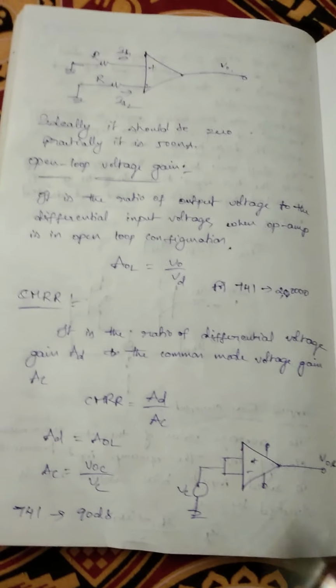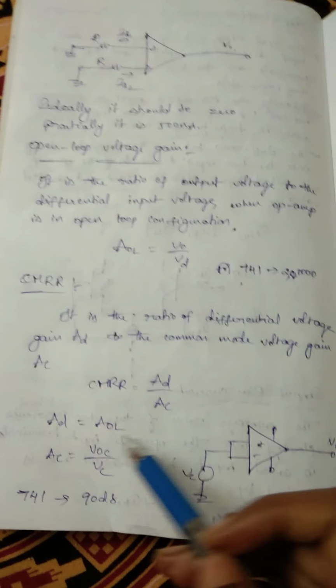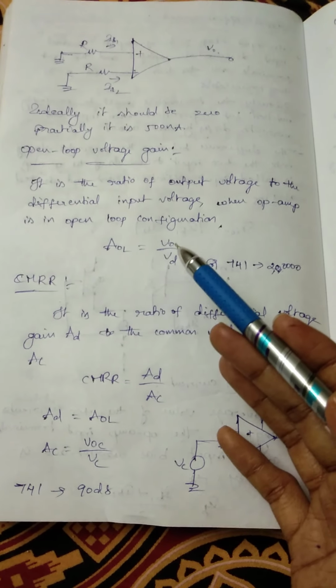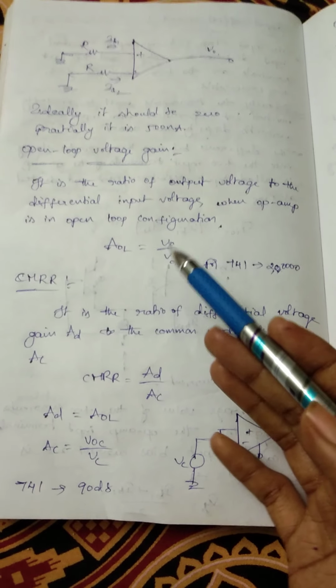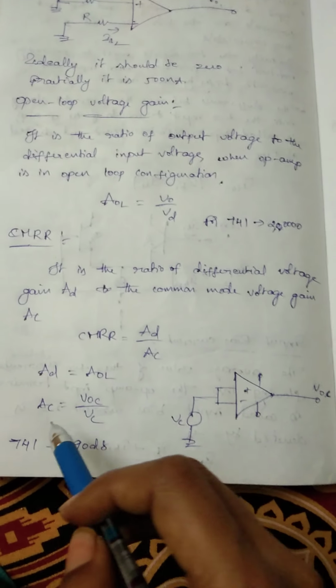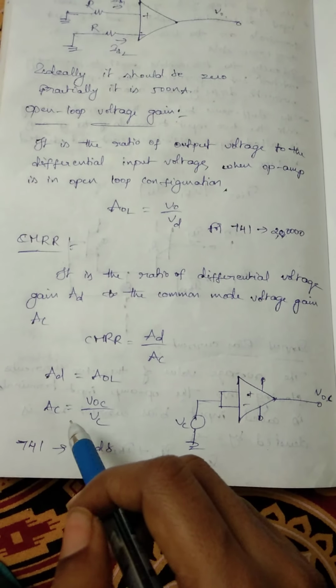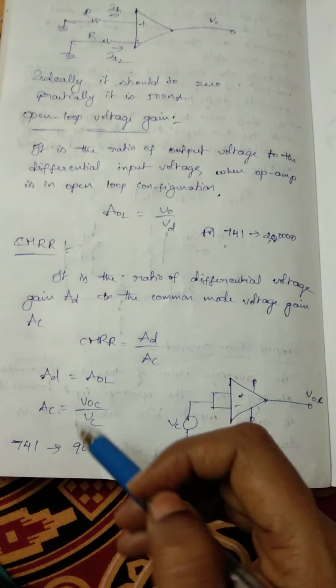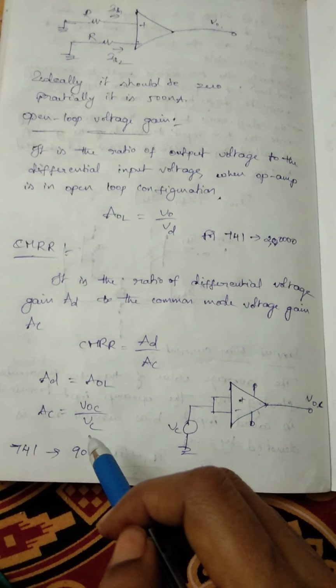Mathematically it is equal to AD by AC, where AD is the open loop voltage gain. We have already discussed the open loop voltage gain, that is equal to V0 by Vd, and AC is the common mode voltage gain. Common mode voltage gain is the ratio of output voltage to the common mode voltage.